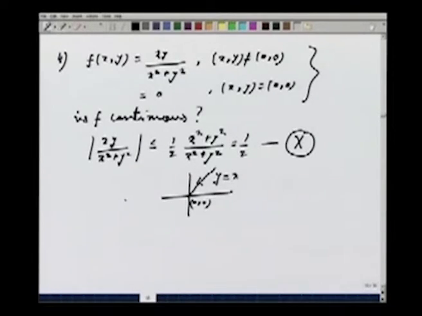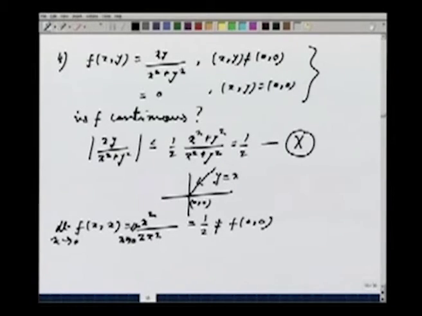If I put y equal to x in the function, f of x, x is x square by twice x square, which is equal to half. So if I take the limit as x going to 0, I am again going to get half, which is not equal to f of 0, 0.